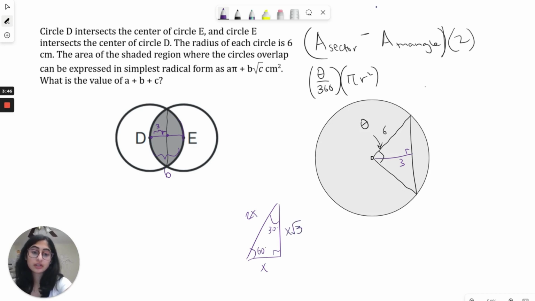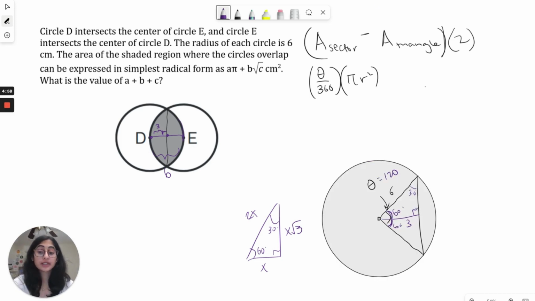So if this is our right triangle, and we know that this is 6 and this is 3, this is a 30-60-90 special right triangle, because the hypotenuse is 2x, 6, and this leg is half of that, which means this must be the 30-degree angle, and this right here must be the 60-degree angle. So that means theta, because theta is this angle twice, double this angle because there are two triangles, theta is equal to 120 degrees.